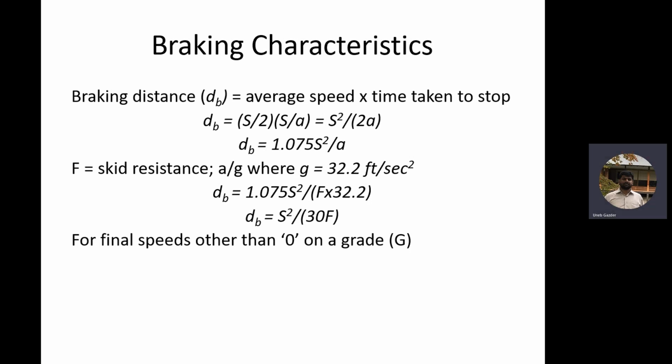Now this F is not the F which you have used in the radius equation. That was side friction. This is, thankfully they are calling it a different name, skid resistance. It's also a friction, but it's along the path, along the pavement. That one was across.